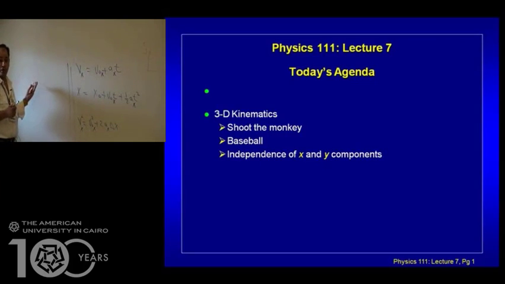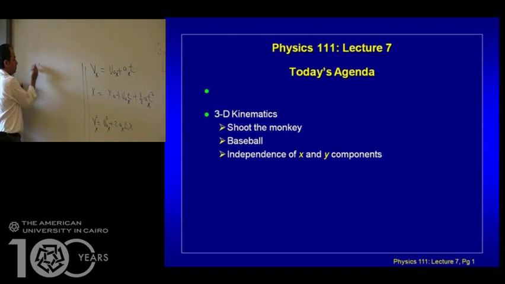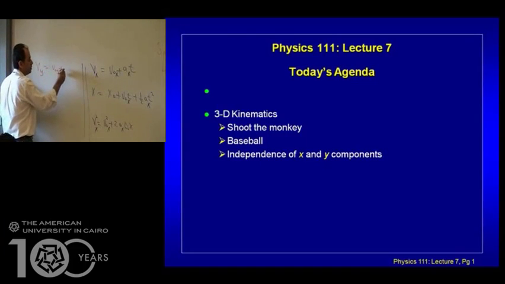Since we're talking about motion in 2 dimensions, we'll have another set of equations. That's vy equal to v0y plus ay t.